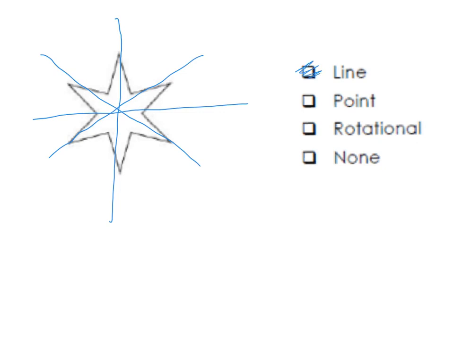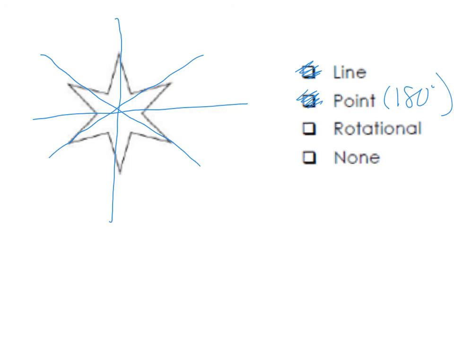Point symmetry. Can we flip this thing 180 degrees and will it look like itself? In this picture, all of the points would line up if we flipped it 180 degrees. So I'm going to say yes. And rotational symmetry.